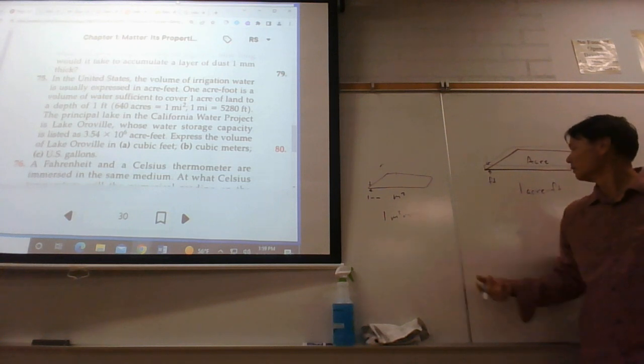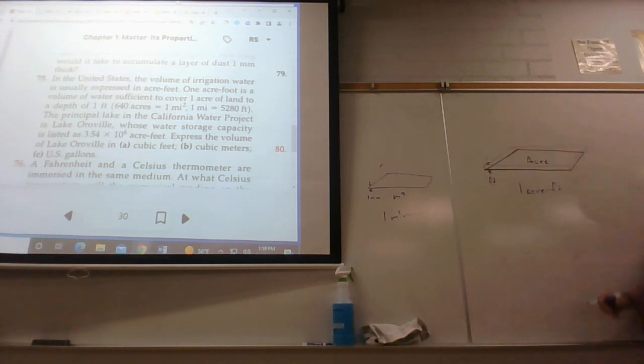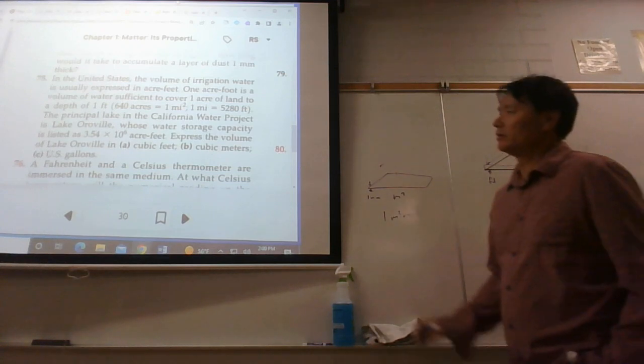This is another composite unit: the area is acres, the depth is feet. So we don't like to leave it like that. There's no such thing as cubic acres. So we'll try to convert it to something else.